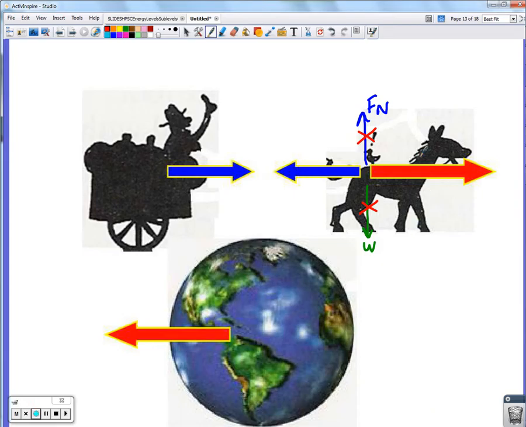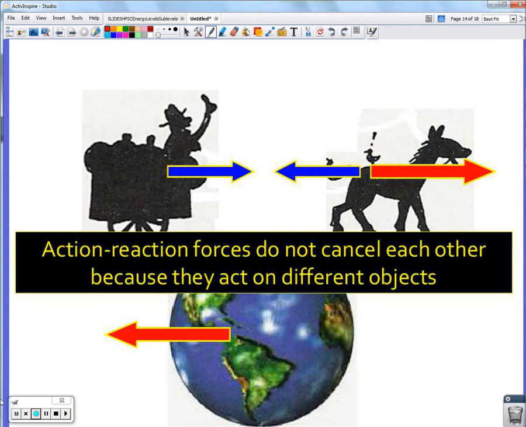So if we could calculate how hard the earth is pushing forward, and then subtract how hard the cart is pulling back, we would figure out the net force on the horse, making him go forward. All right? So, to summarize: action-reaction forces do not cancel each other out because they act on different objects.